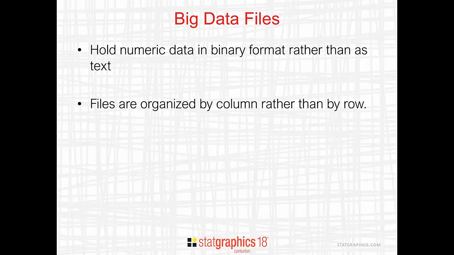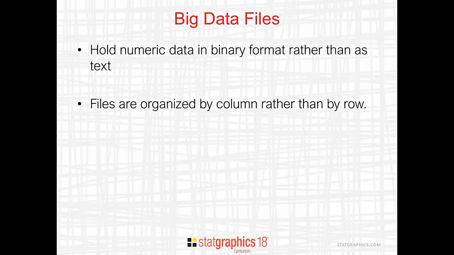Another big difference between ordinary Statgraphics data files and big data files is that the files are organized by column rather than by row. By that we mean that if you looked at the way the data is held in those files, all the data for column 1 comes first, followed by all the data for column 2, all the data for column 3, and so forth.